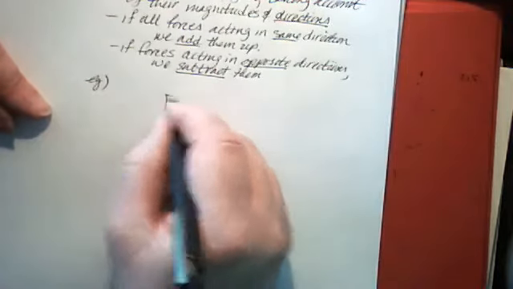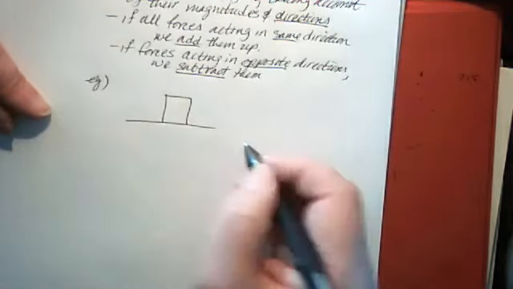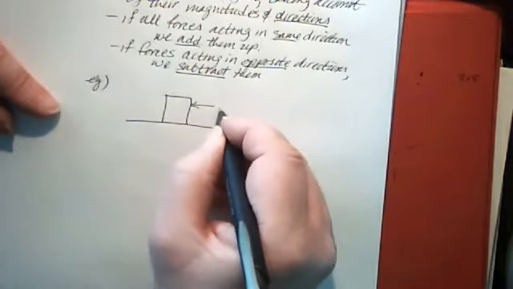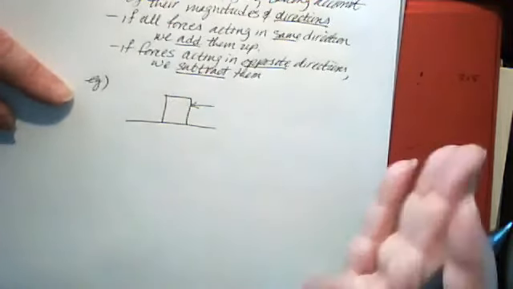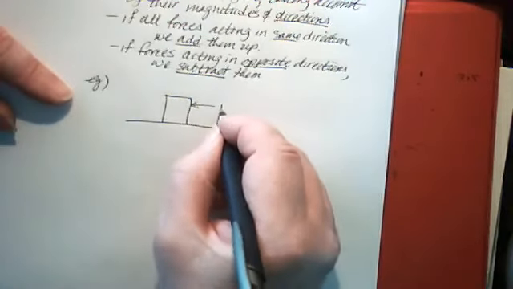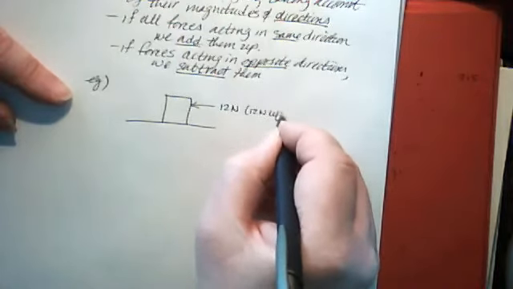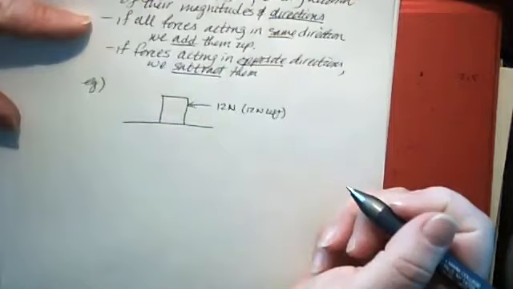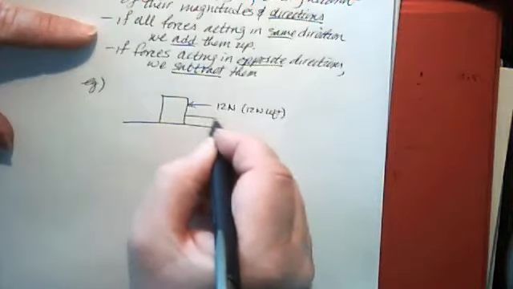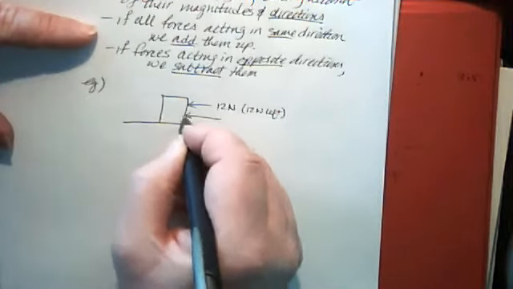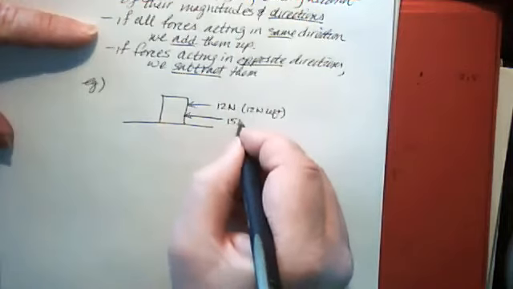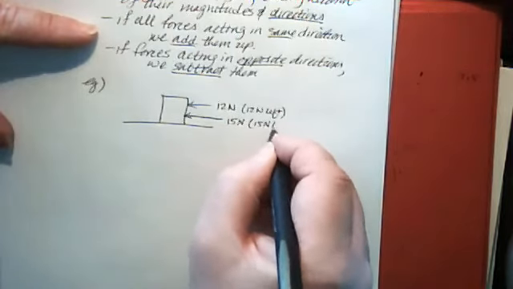All right, so as an example, if you have a box sitting on a floor and you have a force acting toward the left with a magnitude of 12 newtons. And so we can think of that as not only being a 12 newton force, but 12 newtons to the left. And we have another force with a magnitude of 15 newtons, also to the left.